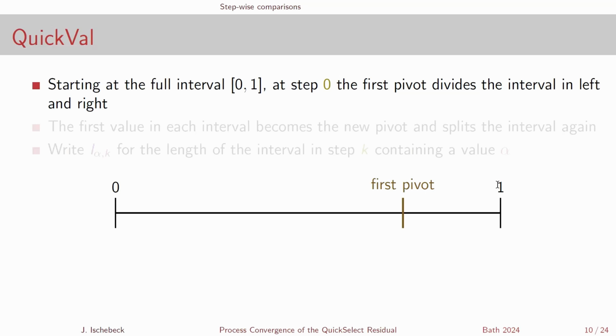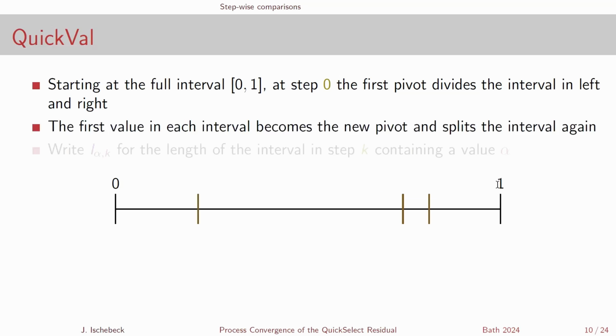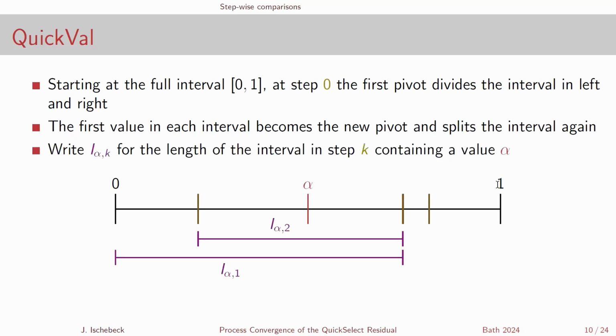The pivot splits elements into left and right, and for the left elements we find a new pivot, and for the right elements we find a new pivot. Now if we have some value alpha in it, in the first step alpha goes into this interval, in the second step into this interval, and then we would get new pivots and smaller intervals.